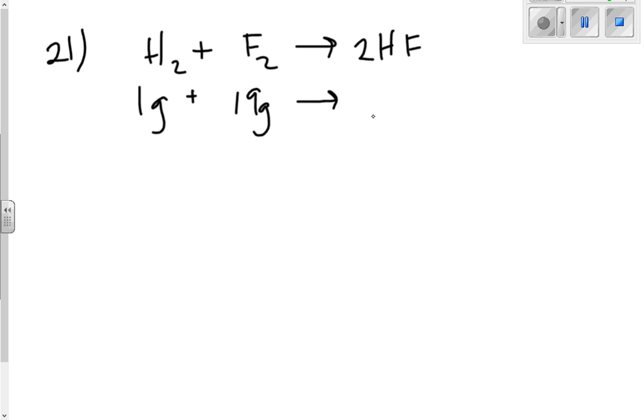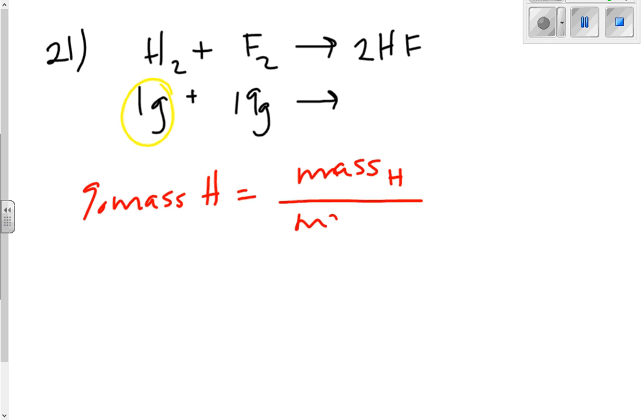We want to know what the percent of hydrogen is, percent by mass. So the percent by mass of hydrogen is here, and I want, again, in my equation, the percent mass of hydrogen is equal to the mass of hydrogen divided by the mass of the compound times 100.